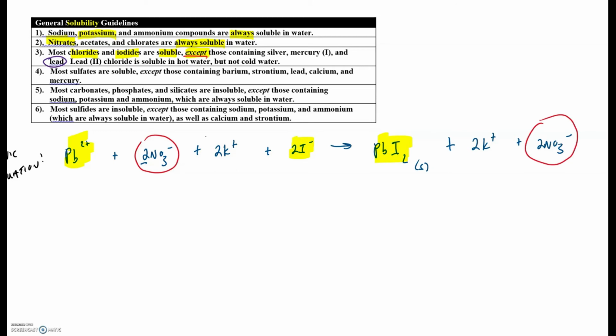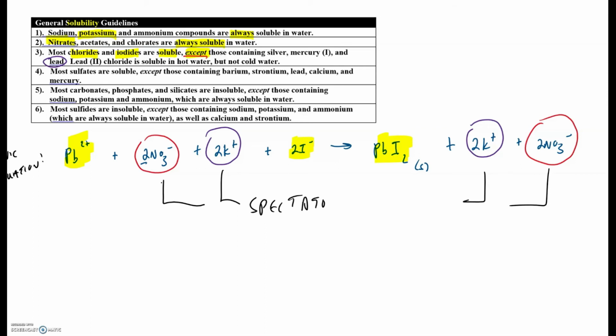Notice how the potassium looks exactly the same on both sides. That means these aren't doing anything. They're not changing. They're not involved in the reaction. And so we're going to call these, because they don't do anything, spectator ions. All they're doing is watching.